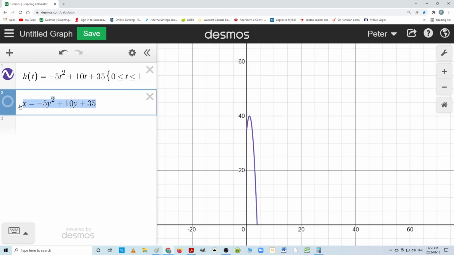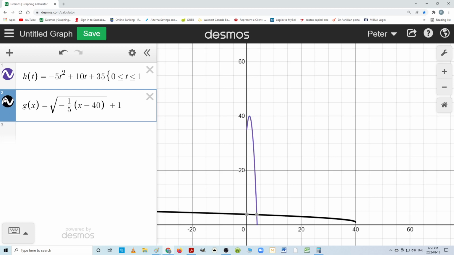And if I want to do this one properly, as the inverse, as I said, it would be the square root of minus 1/5 times (x minus 40), all plus 1. So this would be the inverse.